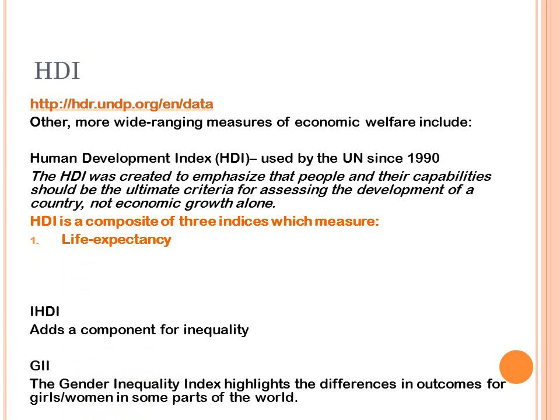Those indexes are one for life expectancy, one for education or literacy, which is mean years in schooling and expected years in schooling, and one income index, which is based on gross national income. So what you have with HDI is a GDP plus life expectancy and literacy measure.